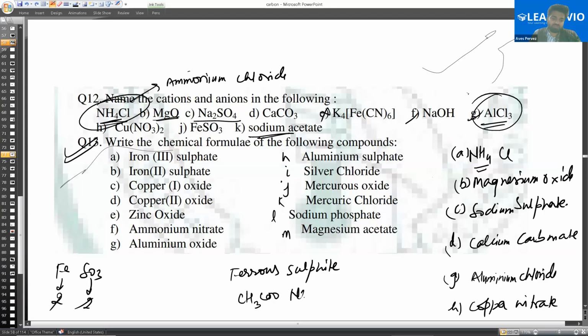The formula will be CH3COONa. This is sodium acetate. Keep in mind that here the negatively charged ion is written on the left hand side. In other formulas, we write the negatively charged anion on the right hand side, but here we write it on the left hand side. So this is sodium acetate.